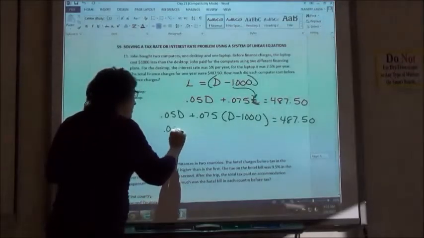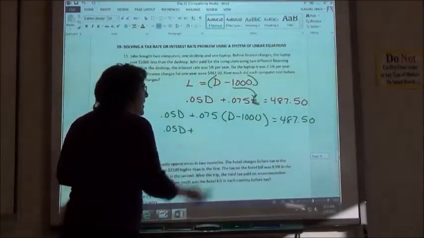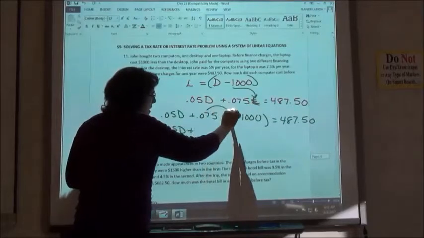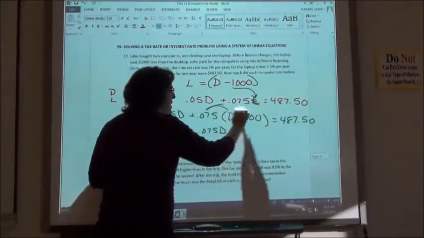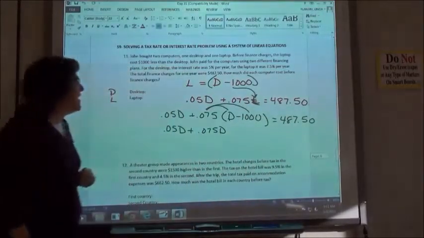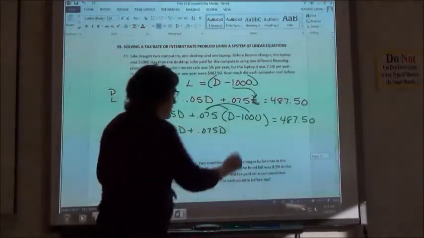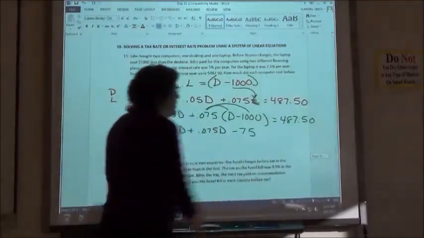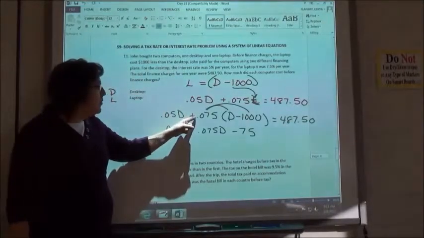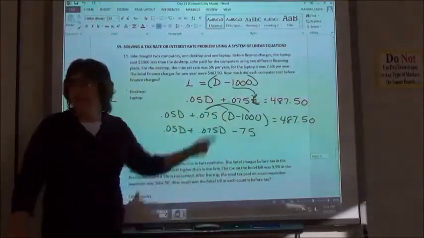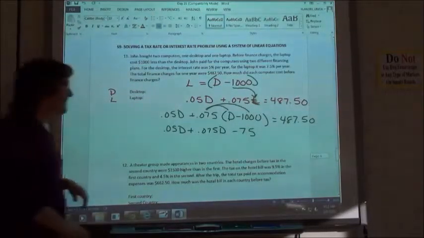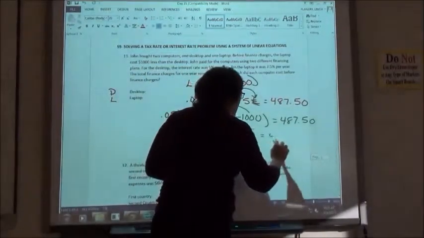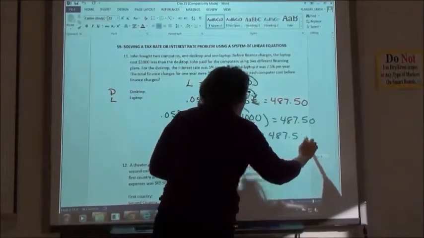So 0.05D plus, using my distributive property, 0.075D, and then I've got to take 0.075 times negative 1,000, which should be negative 75, because if I'm multiplying by 1,000, I just move my decimal 3 places, or I use my calculator, equals my 487.50.